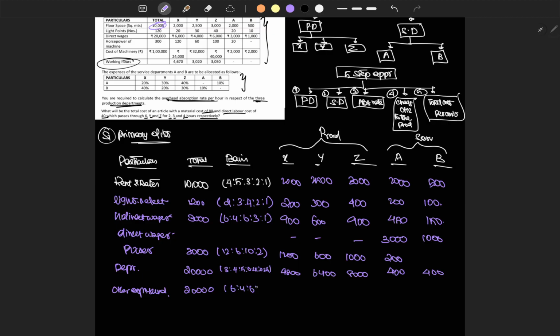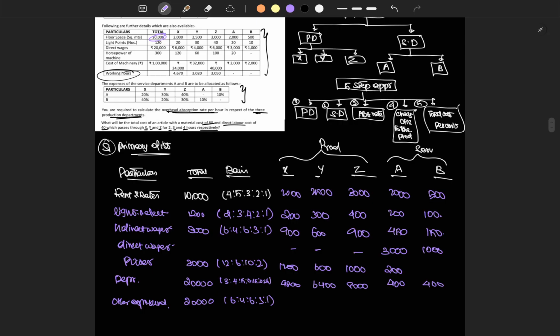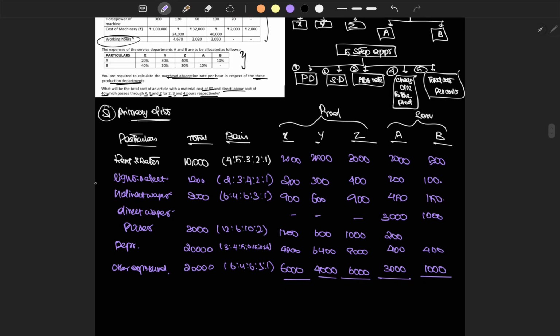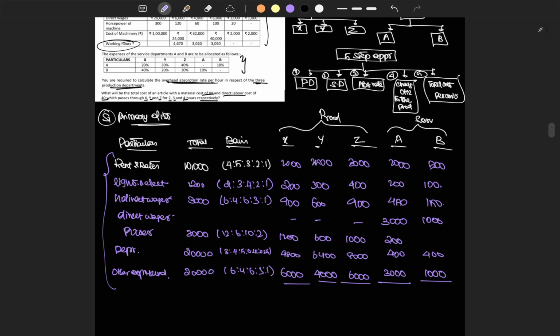Okay, 6 is to 4 is to 6 is to 3 is to 1 is the direct wages apportionment basis, and the values will be 3,000, okay, 6,000, 4,000, 6,000, 3,000, 1,000. So guys, these are all the overheads incurred in the factory, and we have apportioned all those overheads into concerned departments on the basis of their nature, right? So now let's total it.